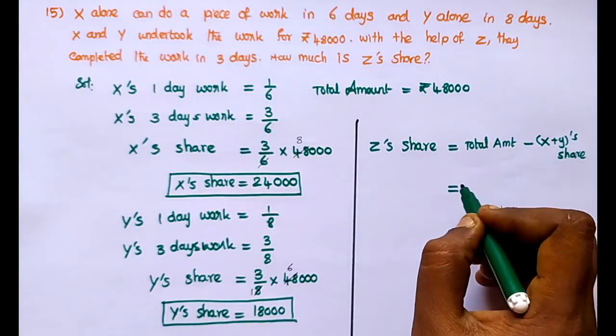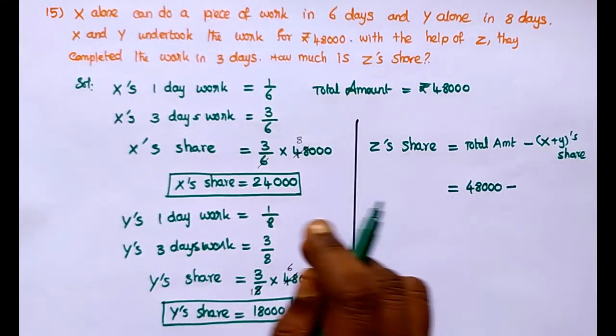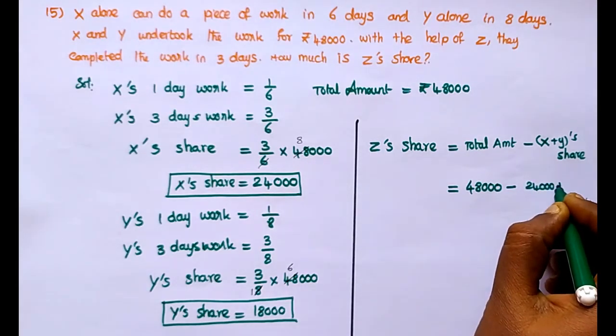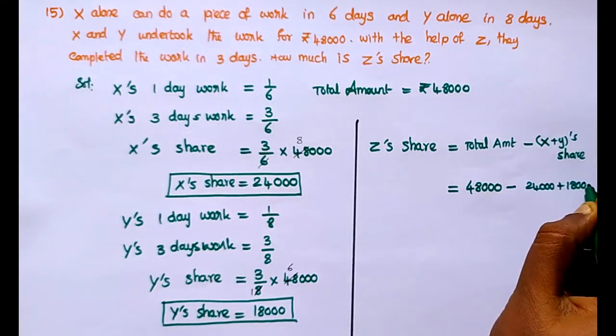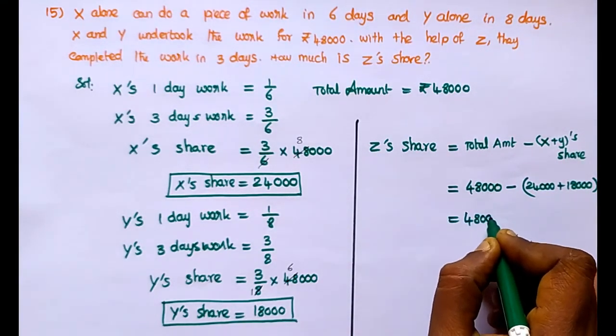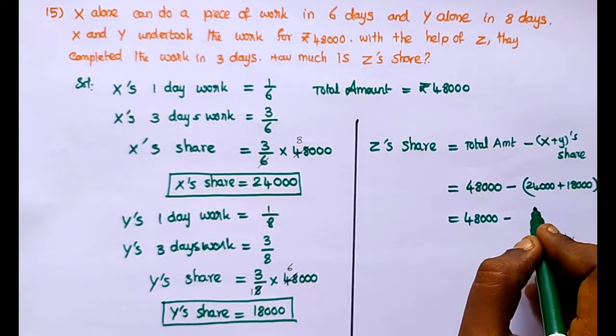Total amount is 48,000 minus X is 24,000 plus Y is 18,000. So 48,000 minus 24,000 plus 18,000.